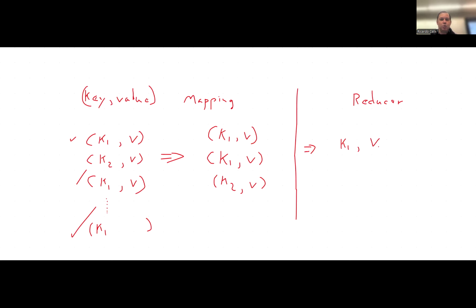If we look at K2, there's only one there, so we are essentially getting some other VR. And that's it. Close. Questions? So yeah, go ahead.